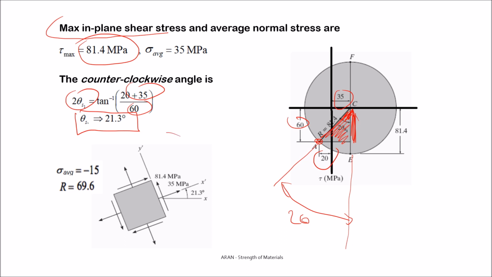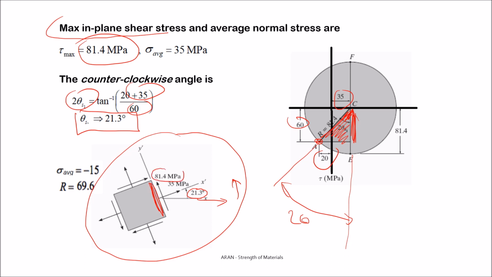Okay, drawing the element. So that was our reference plane. And when you rotate by 21.3 in this direction, you reach a plane where the shear stress is maximum and where the normal stress corresponds to the average normal stress 35.